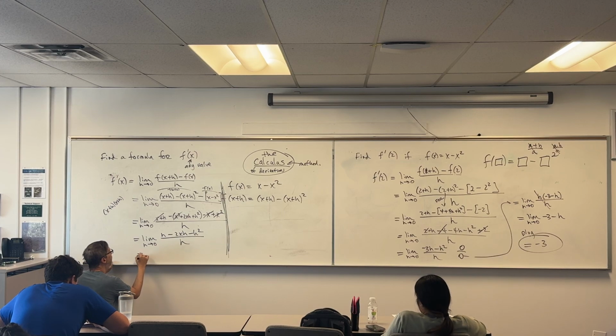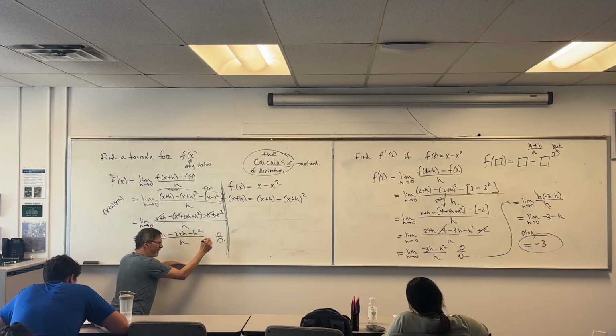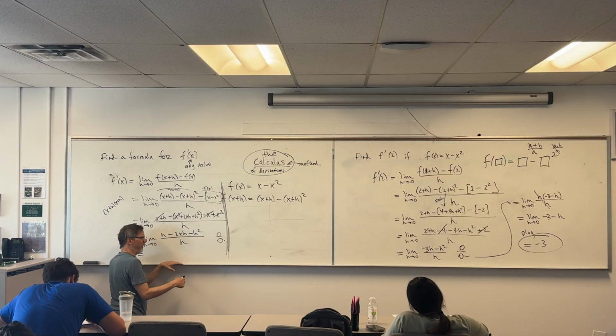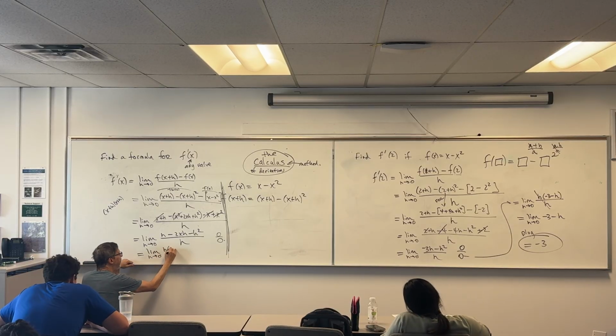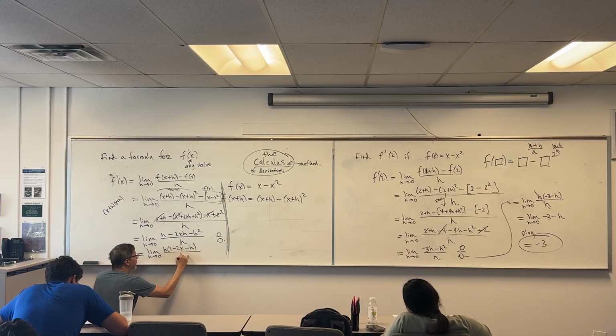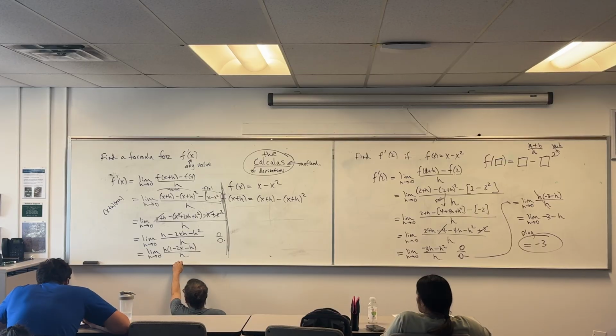Almost done. If you try a plug and chug, you get 0 over 0. So you know you need to factor. You can pull an h out of the top. Notice how I did that. Then I can cancel.